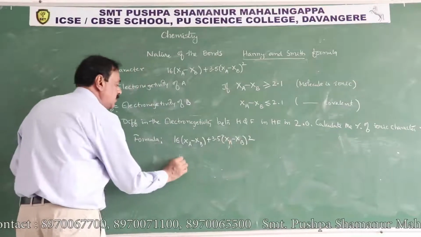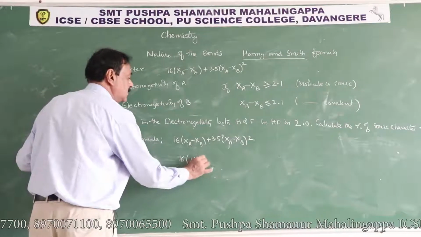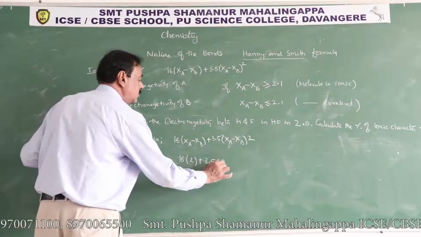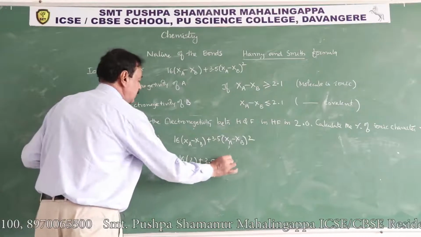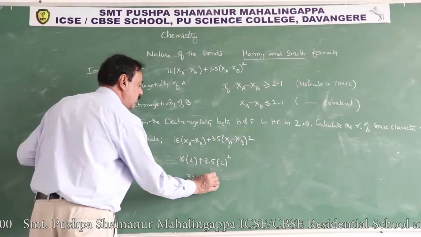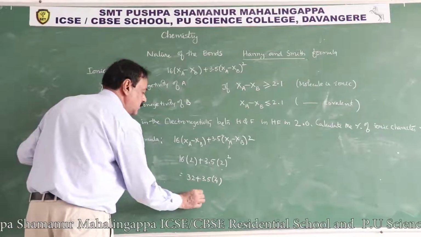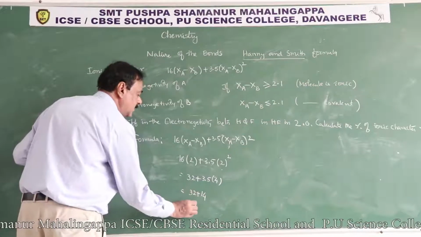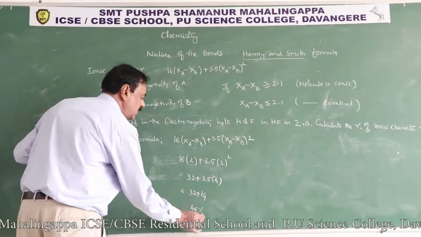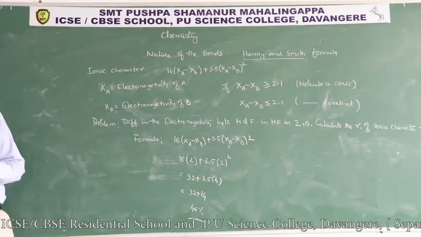Now this is 16 into 2.0 plus 3.5 into 2 whole square. This is 32 plus 3.5 into 4, that is 14, so 32 plus 14 is equal to 46%. Therefore, the ionic character is 46%.